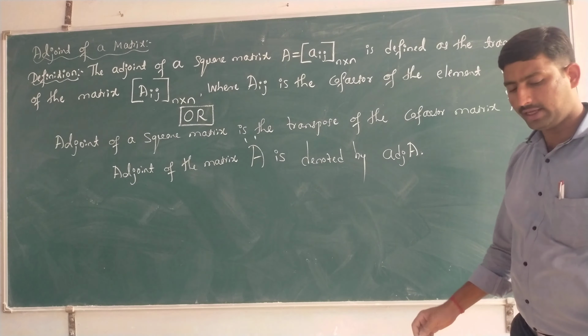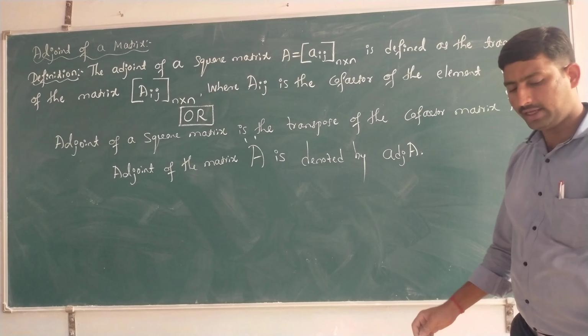Therefore, the adjoint of capital A is nothing but the transpose of the cofactor of capital A, which is the transpose of 4, minus 2, minus 3, 1.